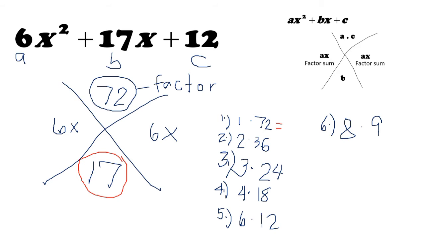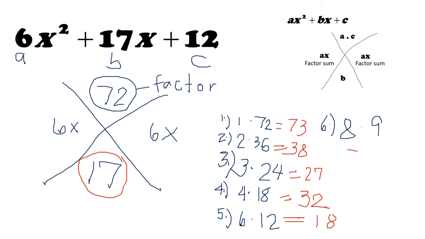So 1 plus 72 is 73, so that is not the value anymore, because it is not the same as 17. And we also have 38 here, because 2 plus 36 is 38. And then we have here 3 plus 24, and we have 27 as their sum. Here we have 32. Here we have, let's say, 18 as their sum.